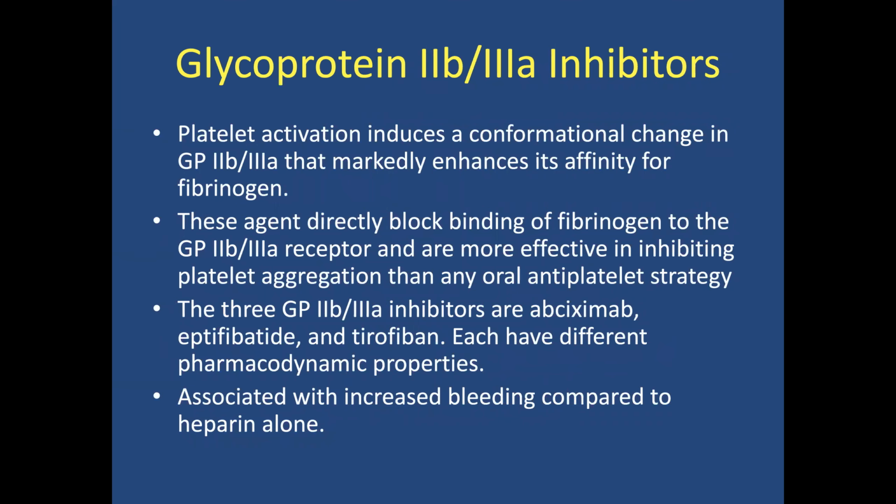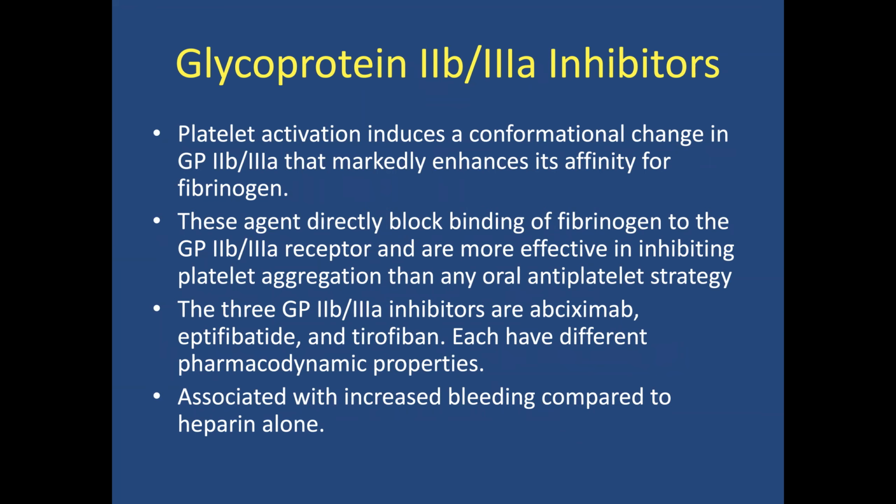And then we're also going to talk a little bit about glycoprotein 2B3A inhibitors. So as I discussed at the beginning of the talk, platelet activation induces a conformational change in the glycoprotein 2B3A receptor on platelets, which enhances its ability to bind fibrinogen, which then binds to other platelets and forms thrombus.